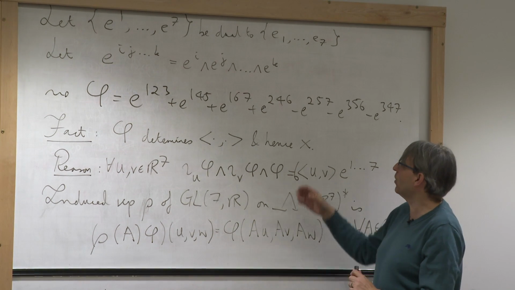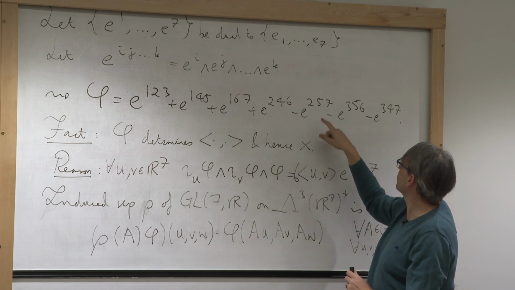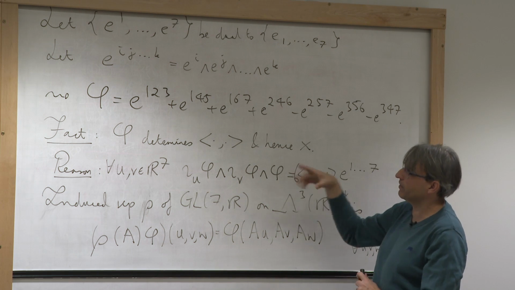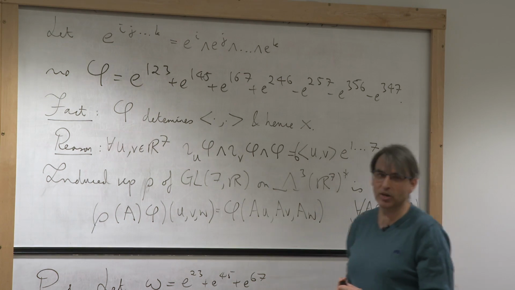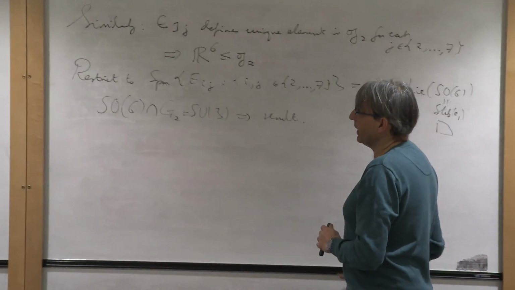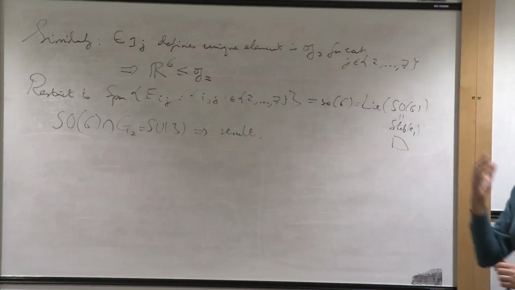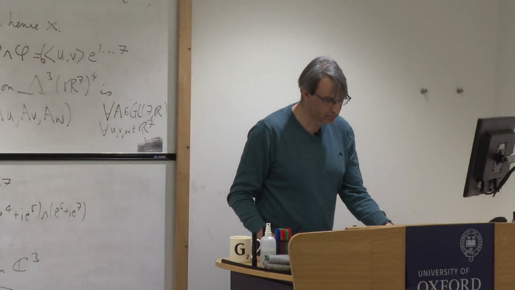All the ones here will turn into 3s, and all the 3s here will turn into 1s, but there'll be nothing of the form that you had before. So it works, but one has to do it. Okay, so this is it. Now I hope you can believe me that G2 is 14-dimensional.